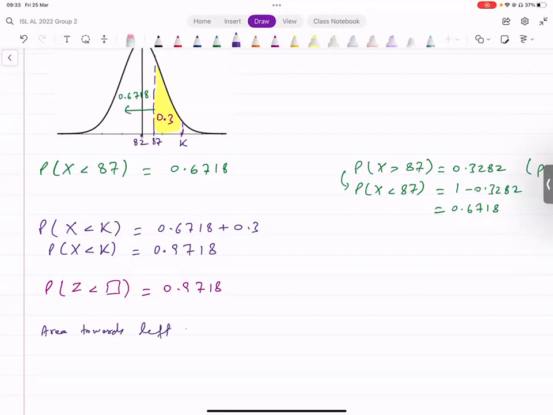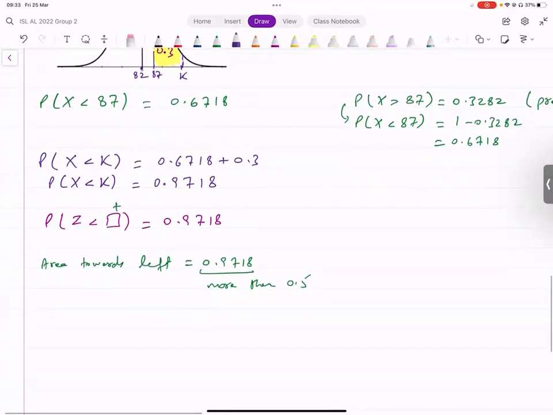Area towards left is 0.9718, and this is more than 0.5. आपको ऊपर ग्राफ से भी नजर आ रहा है, पॉजिटिव वैल्यू बनेगी आपकी. z की वैल्यू पॉजिटिव है, राइट? आप ग्राफ से भी देख सकते हो, लेफ्ट साइड पे ज्यादा एरिया, z पॉजिटिव होना चाहिए. So it's the standard form already, z less than something positive. Standard form के अंदर already है. आप graphically अगर देखो इसको, it will look like this.